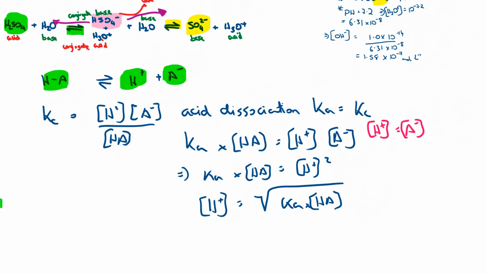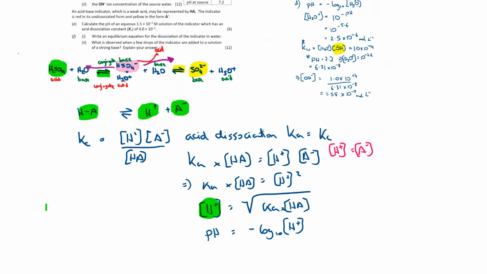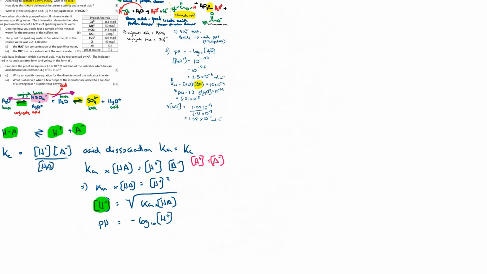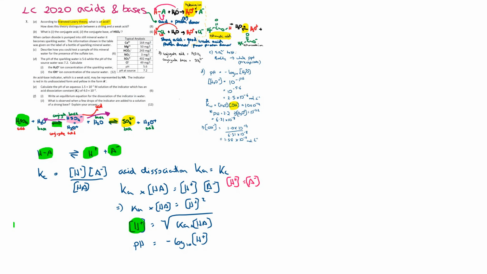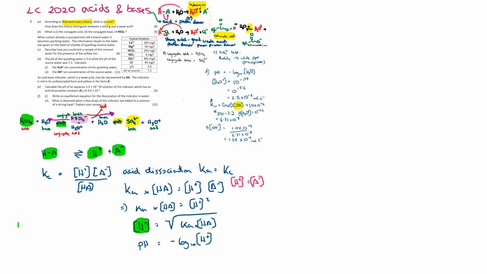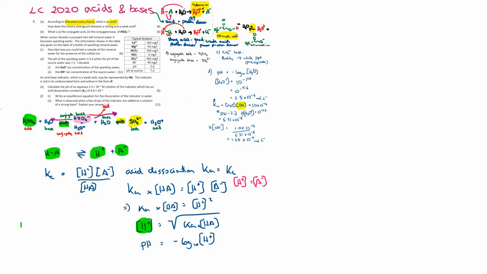That's how we work out, especially for a weak acid, the H plus ion concentration. And we can work out pH, because that's equal to minus the log to the base 10 of H plus. I know here I've used H plus instead of H3O plus that I used previously, but I essentially mean the same thing. That's just how we derive the formula for working out the hydrogen ion concentration of a weak acid.